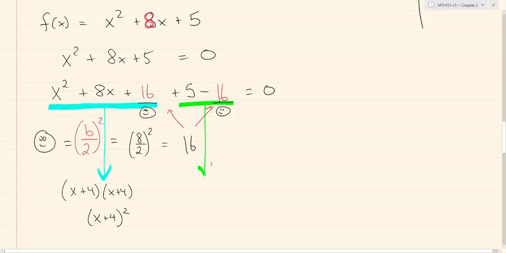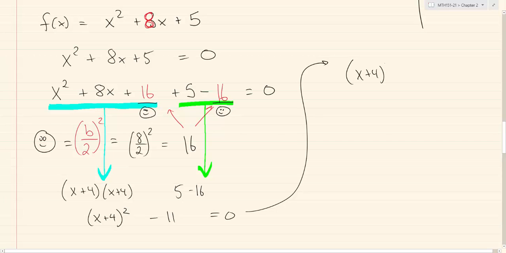This part is just the residual. So positive 5 minus 16 is negative 11, equals 0. So now we have x plus 4 squared minus 11 equals 0.